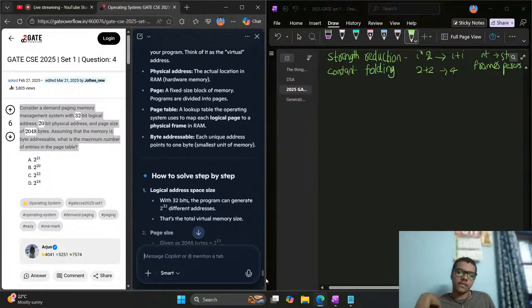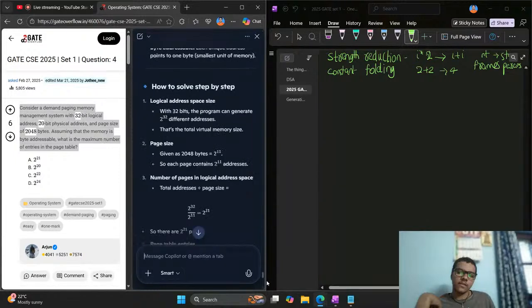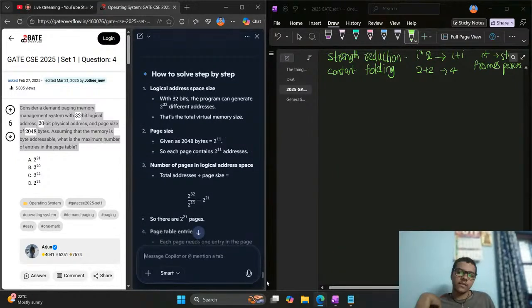That is the total virtual memory size. Given page size is 2048. So each page, okay.